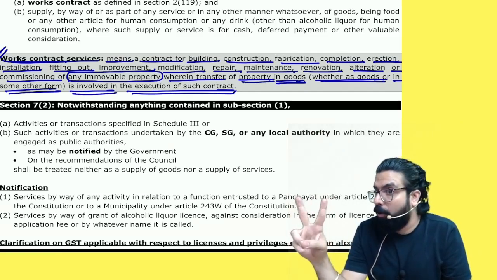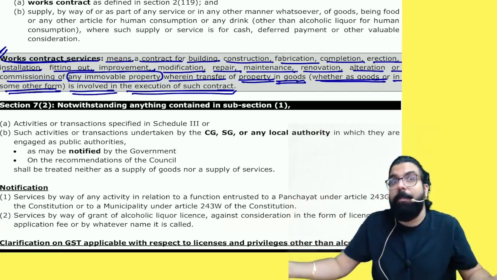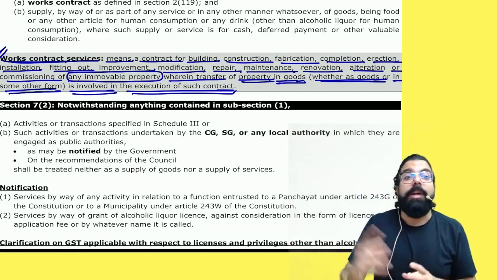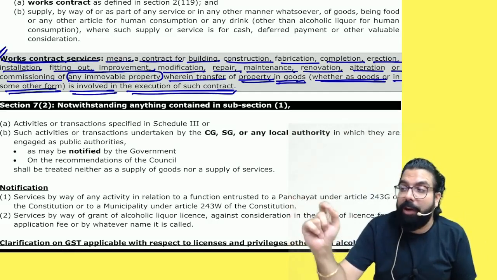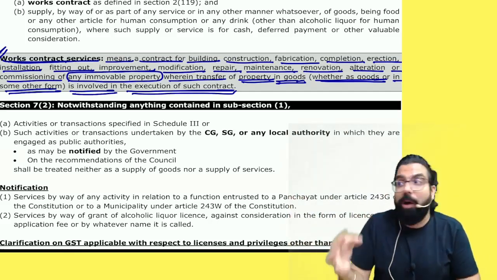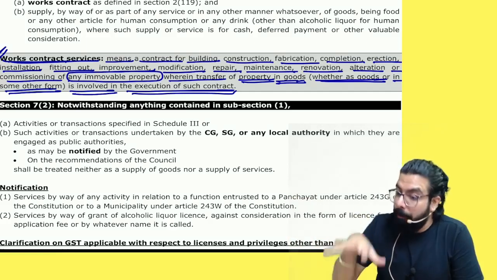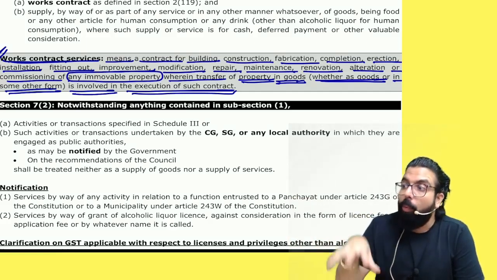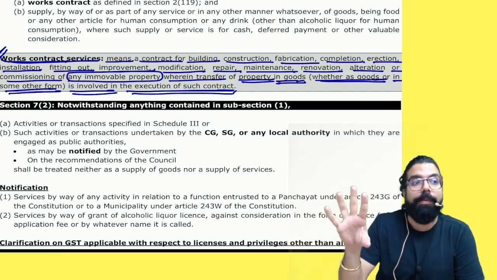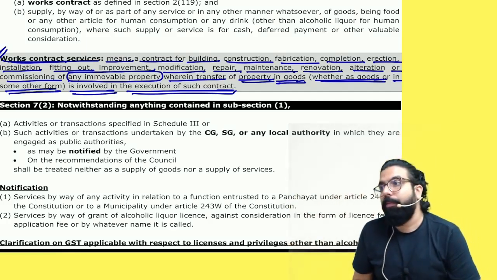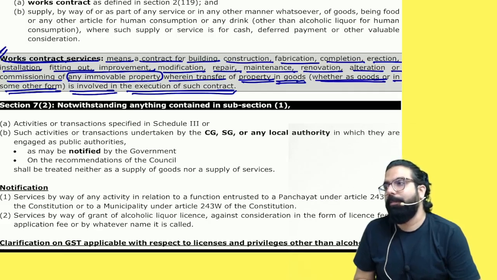He gave me material also, he gave me the labor, and he made this building for me. When he gives me the bill, he will say works contract service given. What is works contract? Works contract is when someone makes an immovable property for you, wherein they give you material also and they give you the labor also. Are we clear? Did you understand works contract?